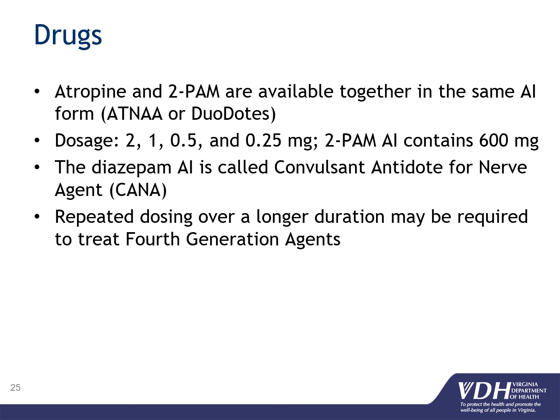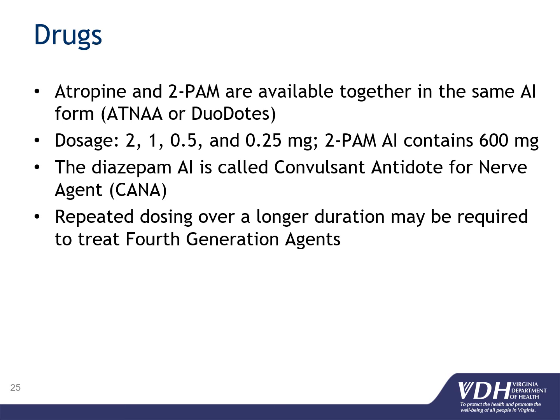Diazepam autoinjector is called a convulsant antidote for nerve agent, or CANA, and midazolam or lorazepam are not currently produced in this form. When given IM, midazolam is absorbed much more rapidly than diazepam.